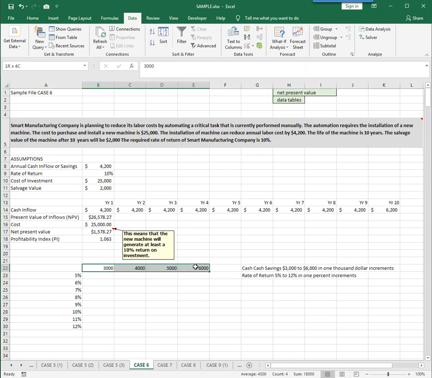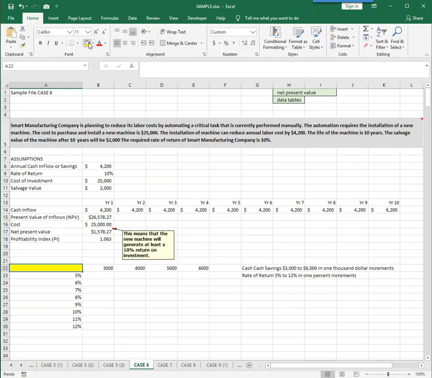We create a row of numbers and then we create a column of numbers in this format. So these percentages represent rate of return on investment. Now in the corner box here between the two sets of numbers, we must have a formula. And the formula we will be recalculating will be the profitability index formula that's already given in cell B18.